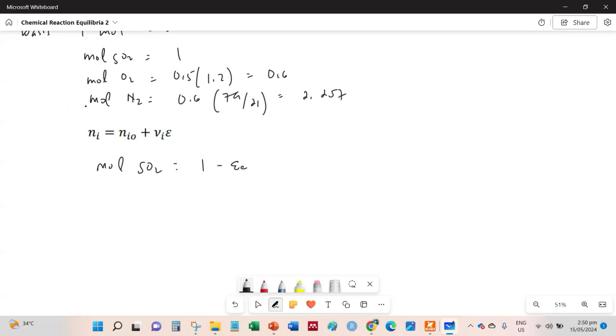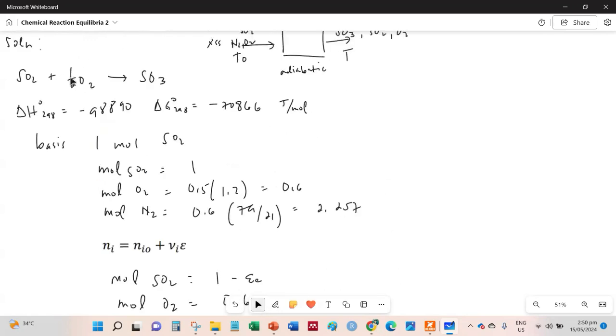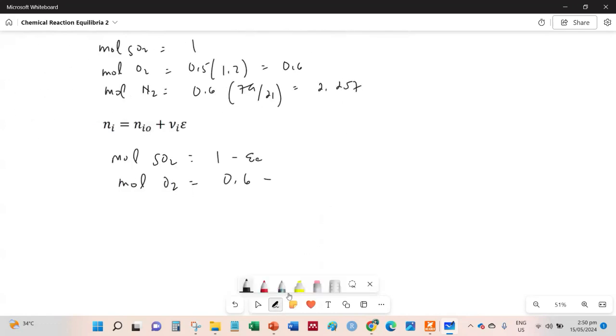And then we have mole O2, which is 0.6, the initial, plus -0.5, because in the reaction it's a reactant and the coefficient is 0.5, times the reaction coordinate.